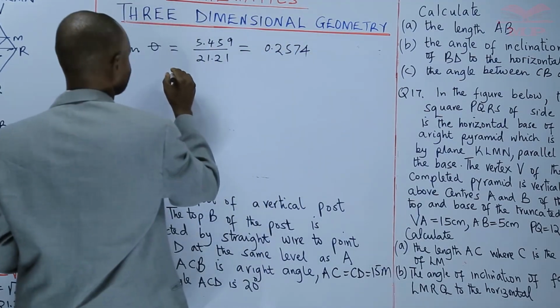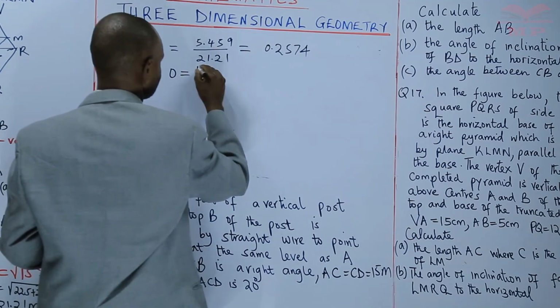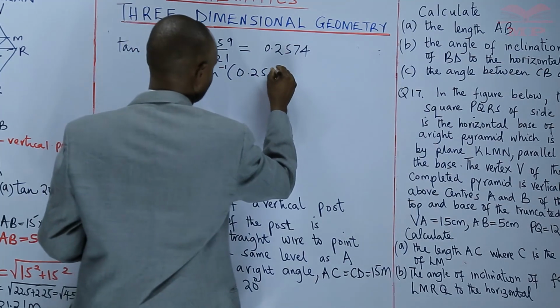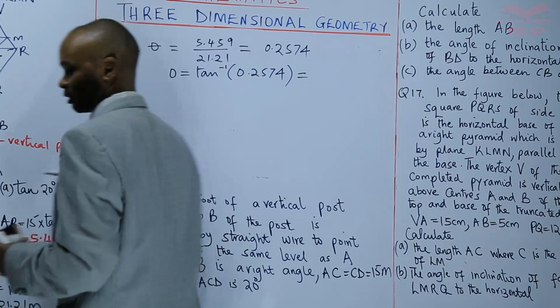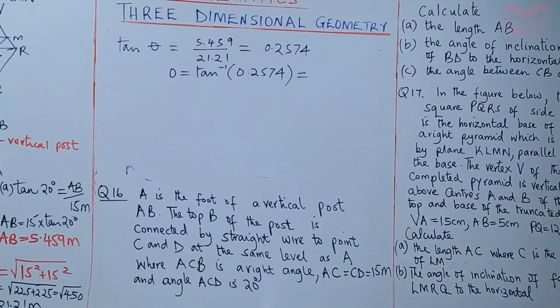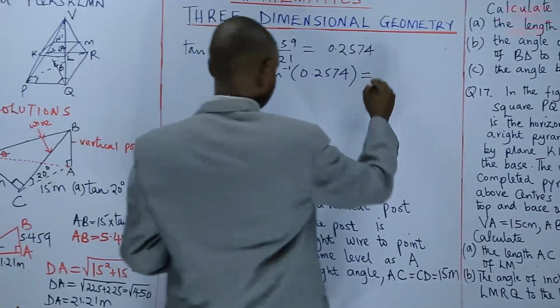Therefore, theta is equal to tan inverse 0.2574, and from the calculator that angle of inclination will be 14.43 degrees.